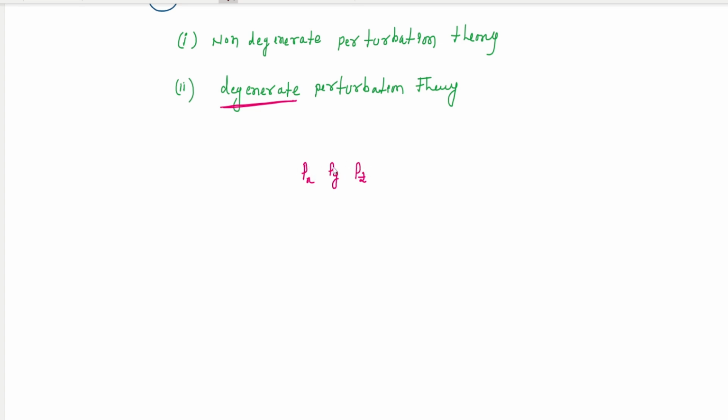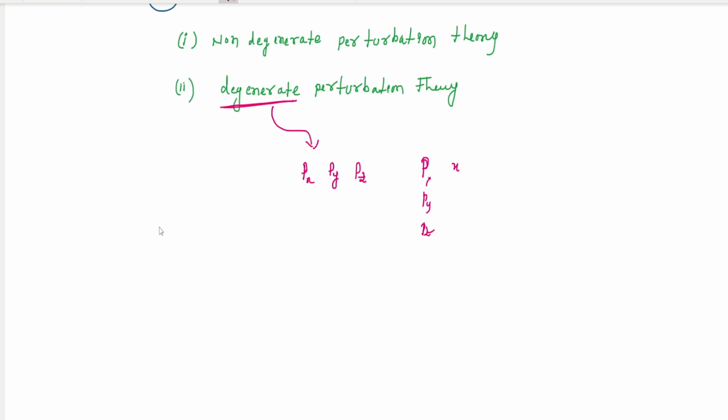Those are the p orbitals. But the eigenfunctions of the system are different. This is the px eigenfunction, this is the py eigenfunction, this is the pz eigenfunction, which means the energy is the same for the p orbital, but the wave functions are different. This type of energy we are going to call degenerate energy.